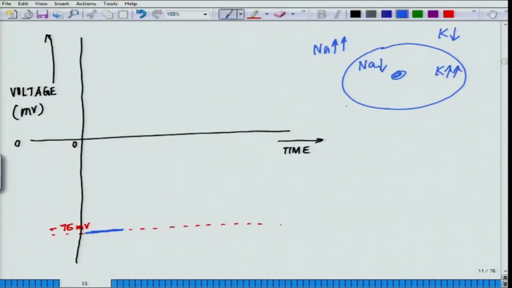So, if sodium starts gushing in, likewise, the sodium is getting in, stage 1. So, what will happen is that the membrane will shift to something like minus 40 millivolt. The shift will be like this.